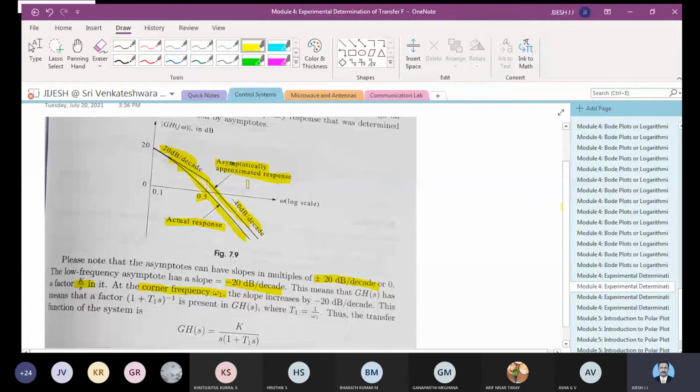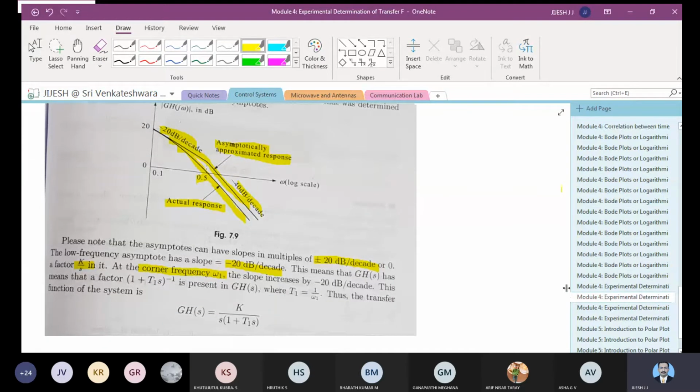From this figure you may have to write the transfer function. Till now we were drawing the response from the transfer function, but now if a transfer function has to be derived from the figure, how do we go ahead? From this figure you can observe that you are having a slope of -20 dB per decade till 0.5.